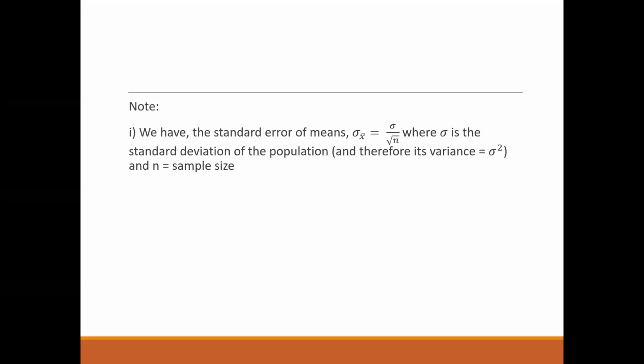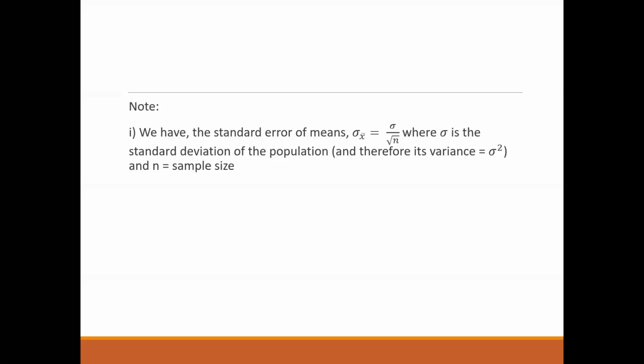So note down this also: at 90%, the critical value of Z is 1.645, or you can write 1.65 if you want to round it up. And at 99% level of confidence, or you can say 1% level of significance, the critical value of Z is given as 2.58, or in some cases it's given as 2.575. Okay, up to 3 decimal places.